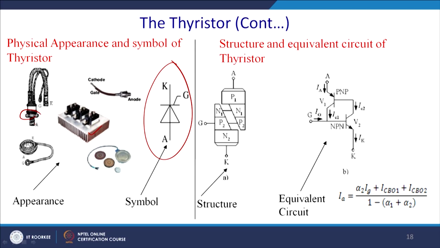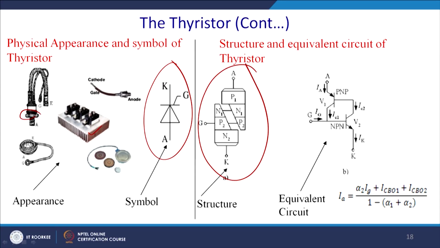There are different kinds of packages, and the current handling capability of these thyristors can go as high as kiloampere rating. So, power handling capabilities of these devices can go as high as megawatt level.